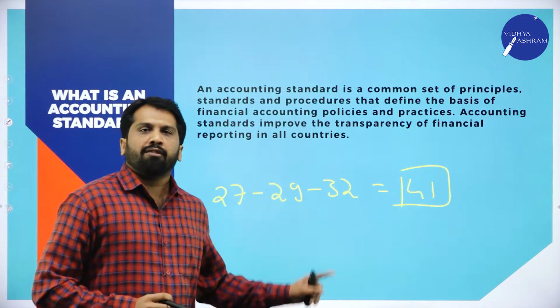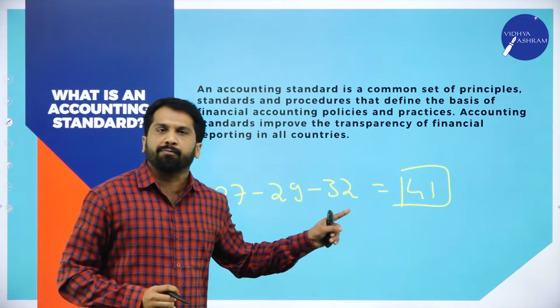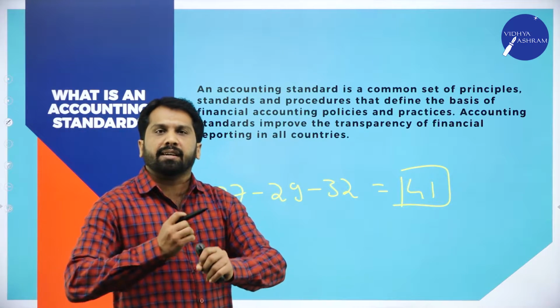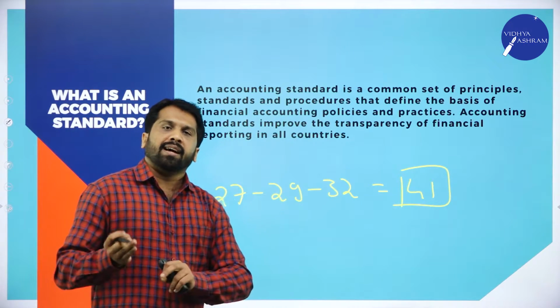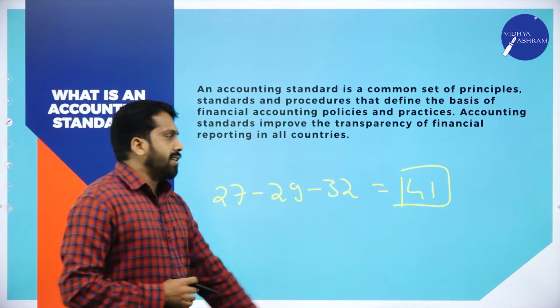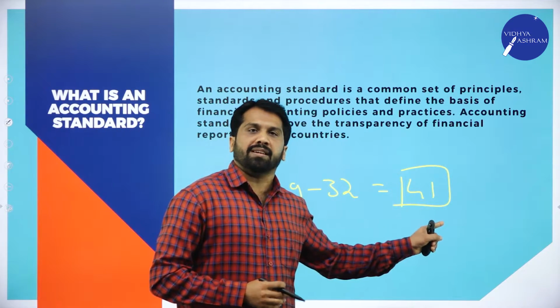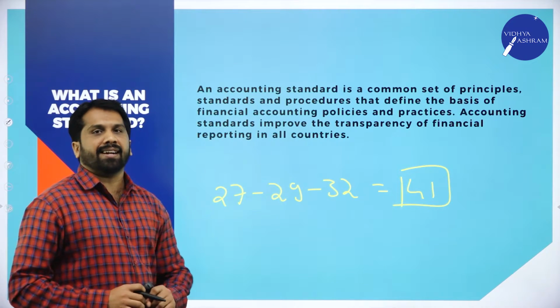The number varies because they will delete some accounting standards if they are not required and add some if they are needed. Like that, the number always varies. At present we have 41 accounting standards.